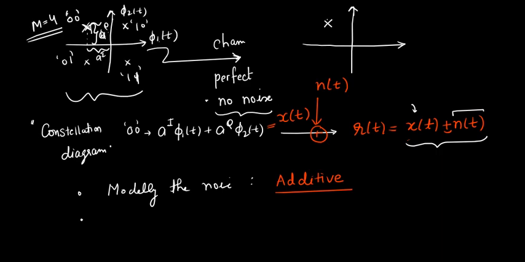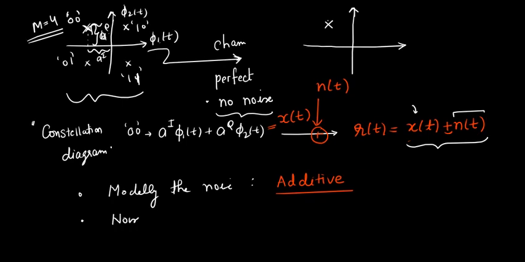You can never say what is the noise which is going to be added. It means noise is random. क्या है?